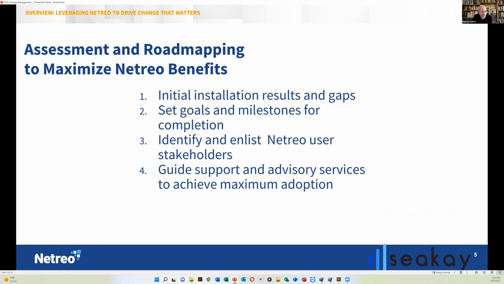In order to do that, it's really important to identify the user groups and the different parts of the organization that are going to be using Netreo, and then be able to take full advantage of Netreo's advisory services going forward after the initial implementation is done.